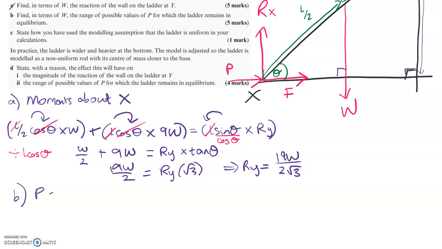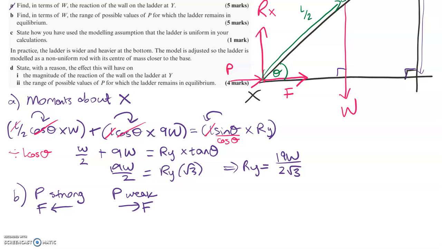If P is quite strong, then you expect friction to go this way because the person's almost pushing it up. If P is quite weak, so it's not a very strong push force, then you'd expect friction to go the way that I've pointed because it would still tend to slip down. So you would expect friction to point to the right.